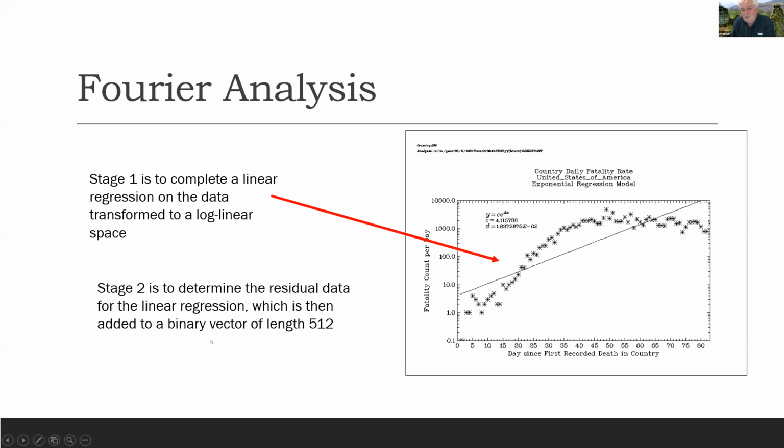So the first thing you do is plot the data, do a log plot, do a linear regression on that, and get the residuals. Then you've got to decide how long a binary vector you're going to use. I thought, well, we're going to be in this mess for a long time, so I'll go out to 512, because it's either 256 or 512. So it means that the zeros are padded at the end. Turns out that hasn't really been a problem.